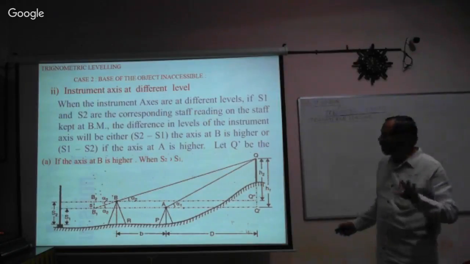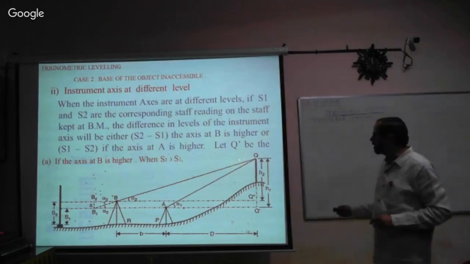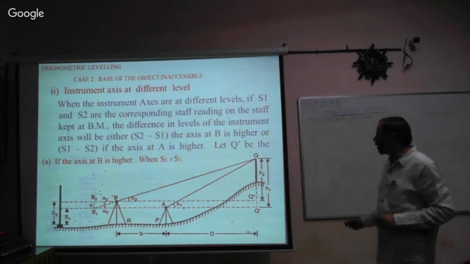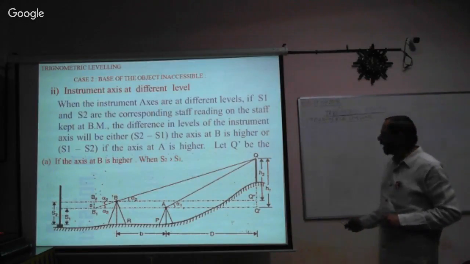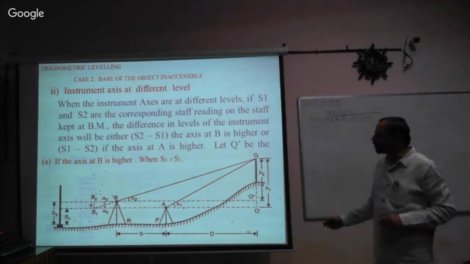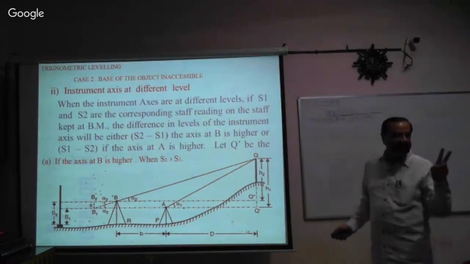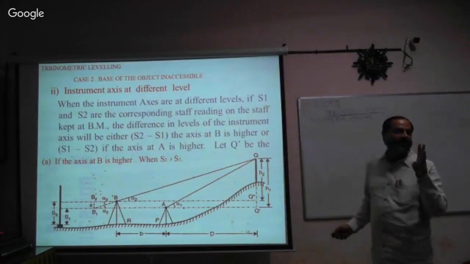Now by considering the second triangle, Q double dash, again H2 is unknown and D is unknown, while B is known and alpha 2 is known. Now we have two equations, but there are three unknowns: D, H1 and H2.